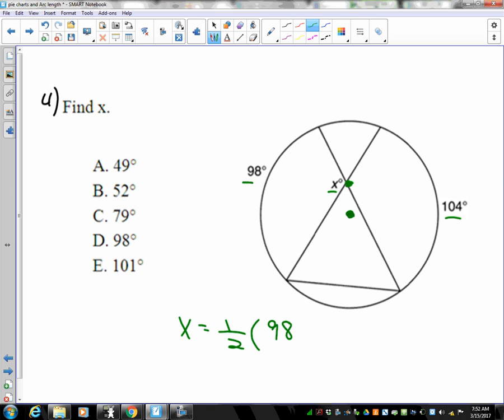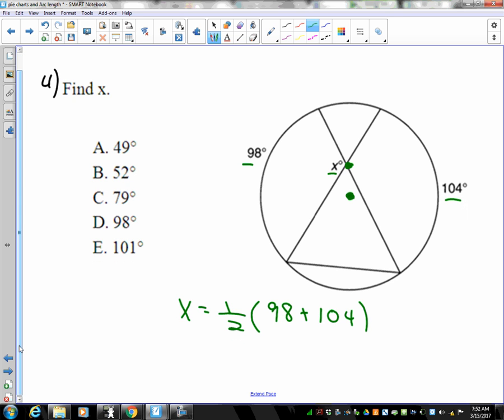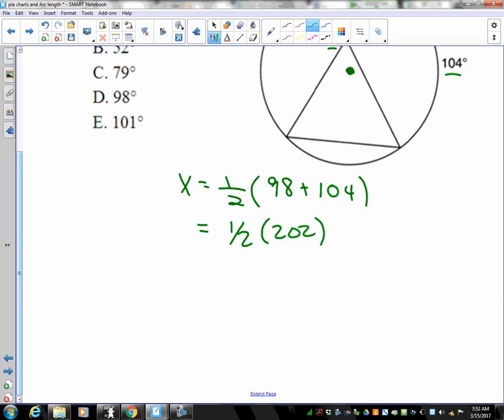So another way you can think about that is it's the average of the two arcs. You can just say 98 plus 104 divided by 2, basically. Now, so 98 and 104 is 202, and then half of 202, which basically just means 202 divided by 2, would be 101 there.